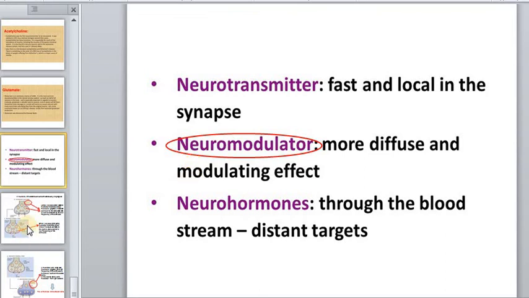And we have the gaseous substances. Different. And more than two mediators can work in a synapse.